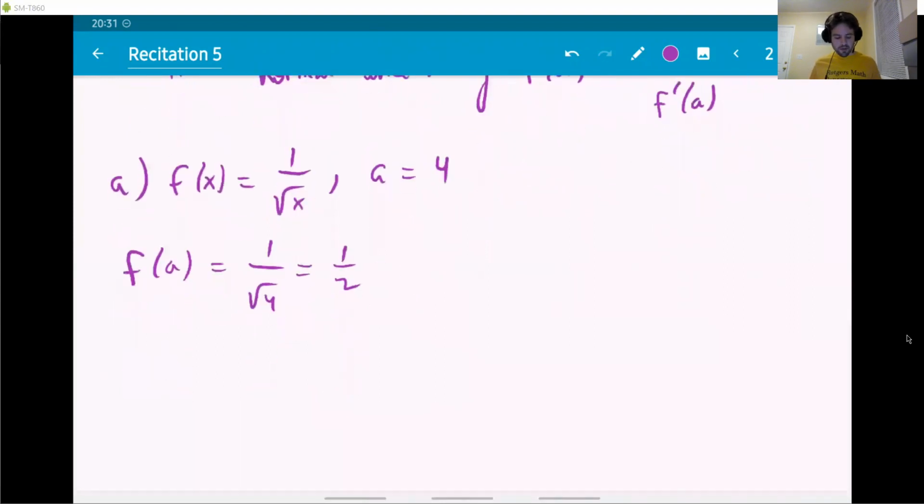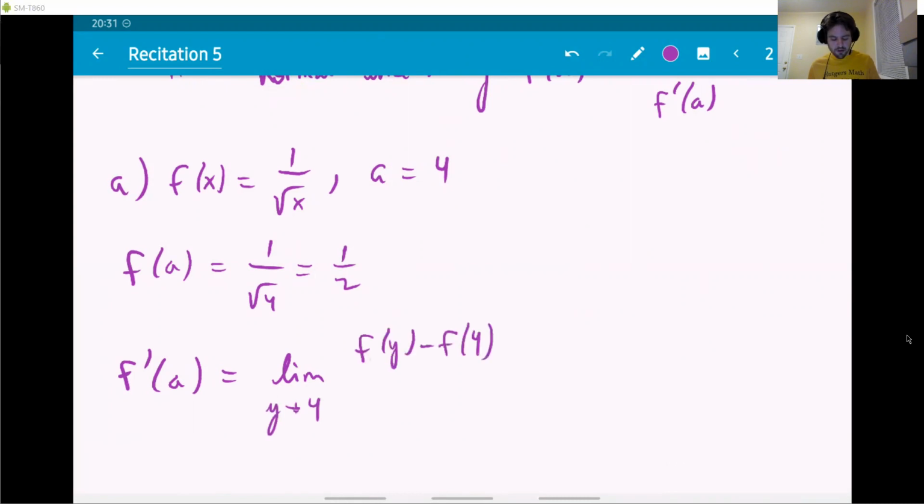And because we don't know any derivative rules yet, that means we actually have to compute this limit, and you choose which form of it you want. So a is equal to 4. I'm going to be doing it this way: f of y minus f of 4 divided by y minus 4 as y approaches 4.